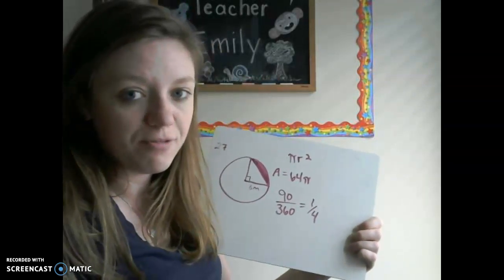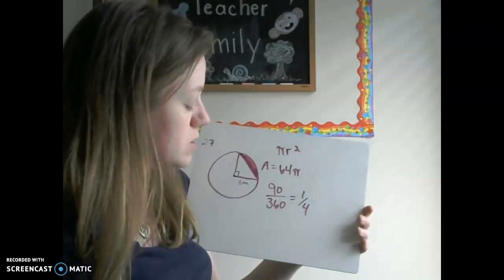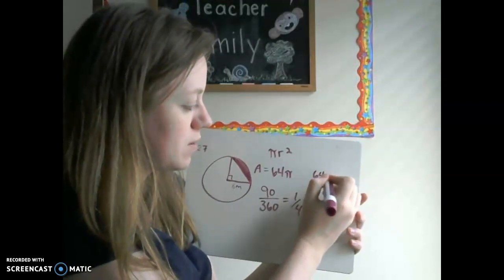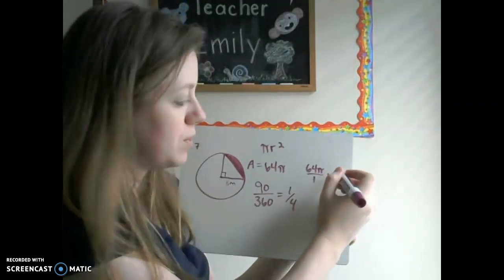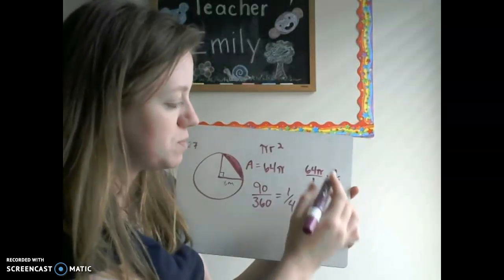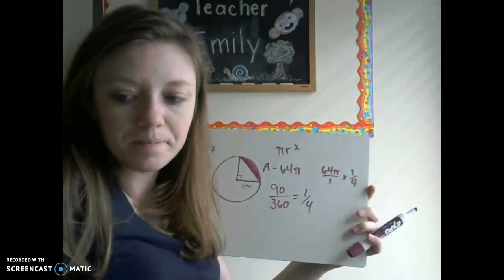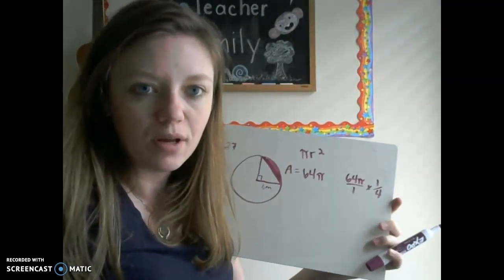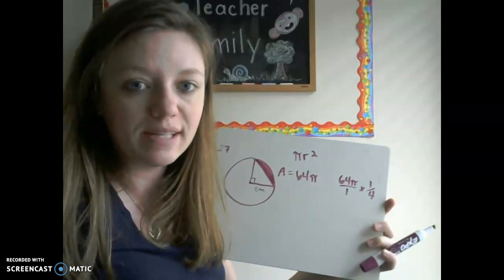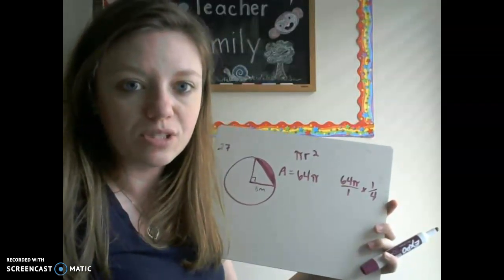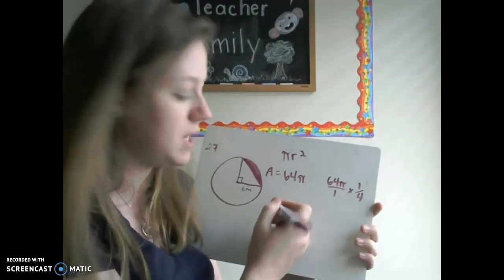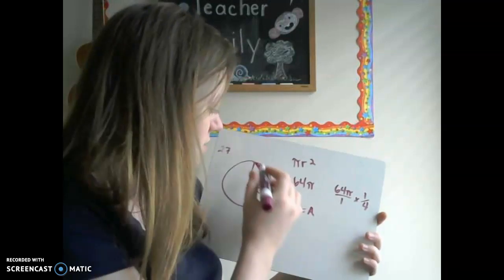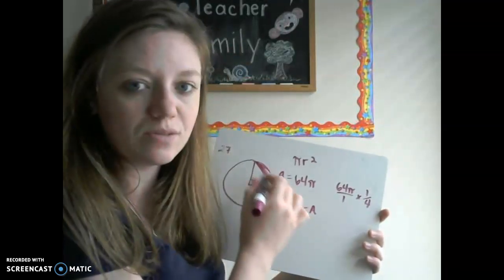So what we need is 1/4 of 64 pi. So we take 64 pi over 1 times 1/4, which ends up just being 64 pi divided by 4. We don't have to reduce pi down to anything. We can just do 64 divided by 4, which is 16. So 16 pi is the area of this section right here, this pie piece right there.